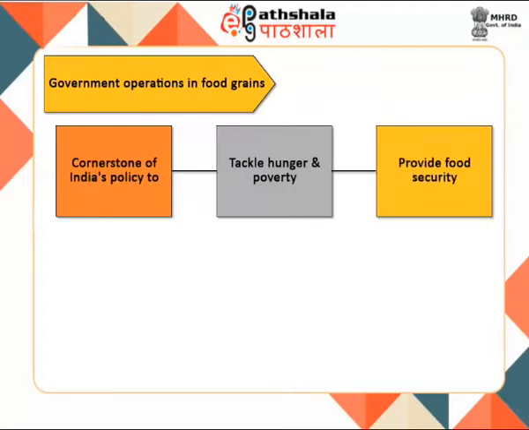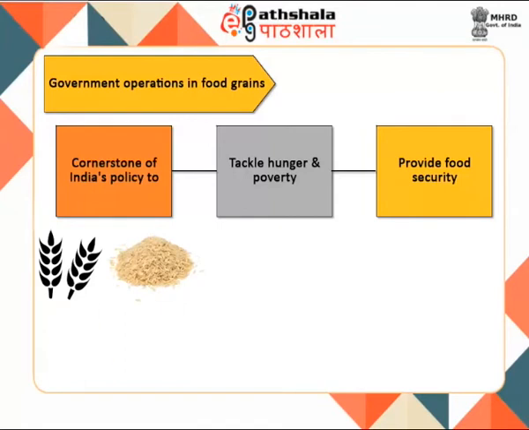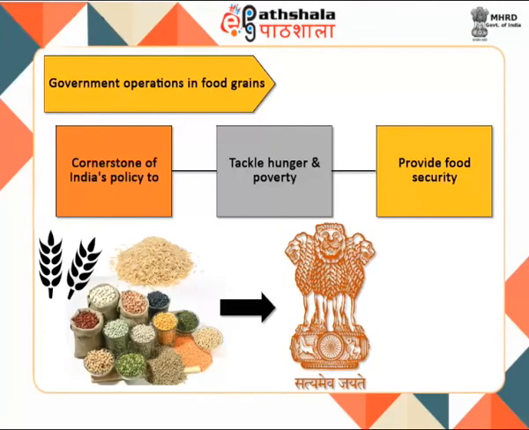The system of providing food under the PDS involves organized effort on part of government. It starts with the procurement of the food grains comprising wheat, rice, and coarse cereals at the minimum support price.